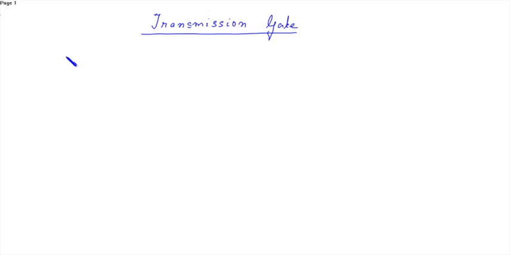Now, what is the symbol of a transmission gate? The symbol of a transmission gate is like this.